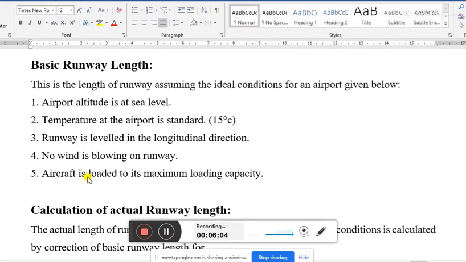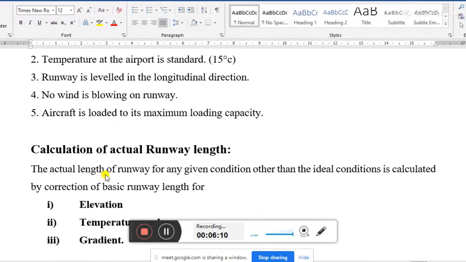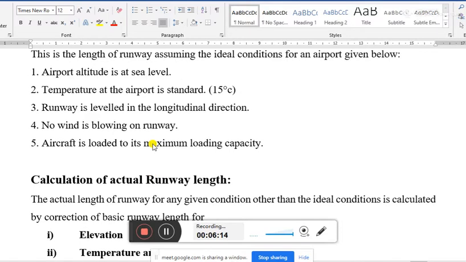Now, for wind and for the loading condition, these may prevail in the airport area. For wind, we have discussed calm wind. That calm wind is not considered as wind blowing.